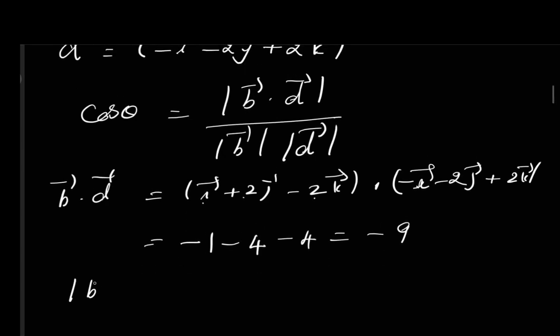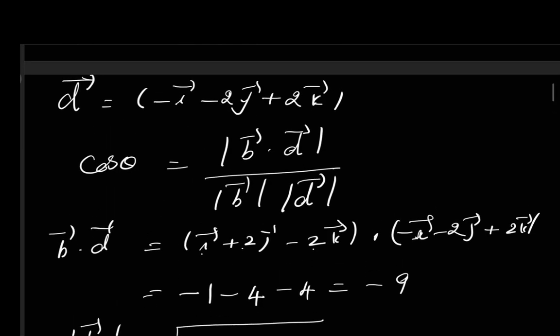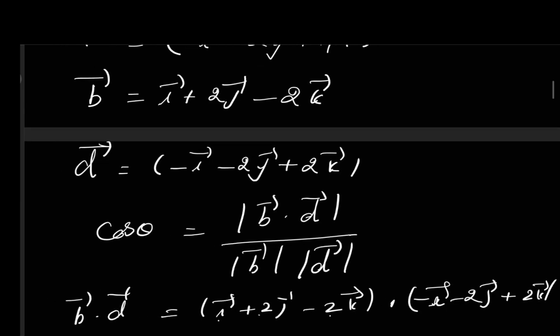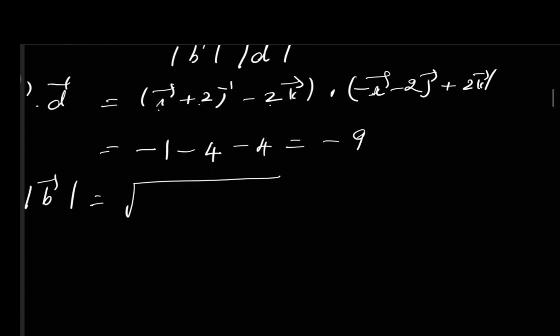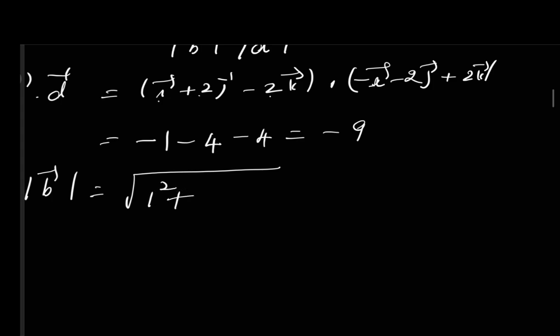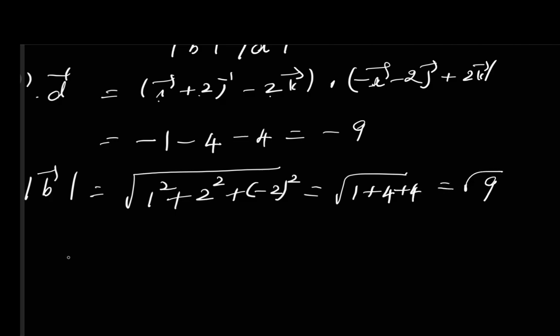And what is the modulus of vector b? It is the square root of the squares of the direction ratios: 1 square plus 2 square plus minus 2 square, which is the square root of 1 plus 4 plus 4, the square root of 9.